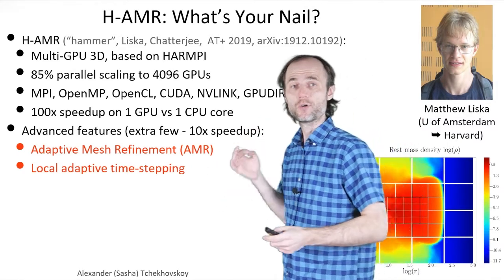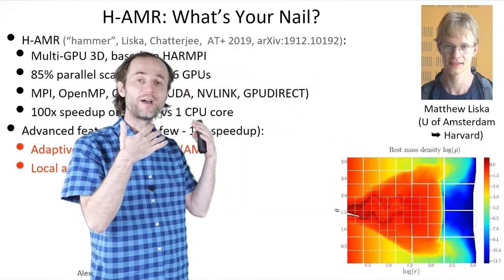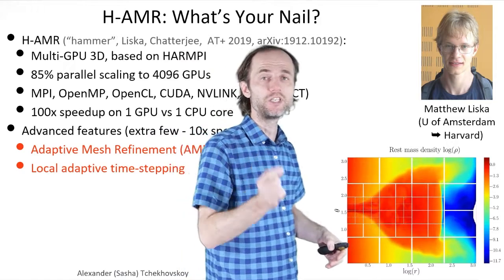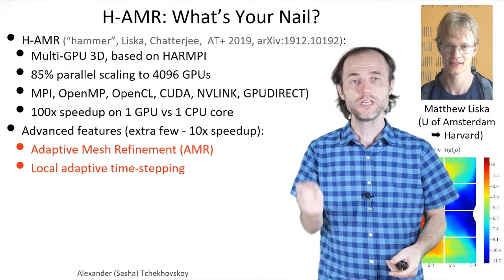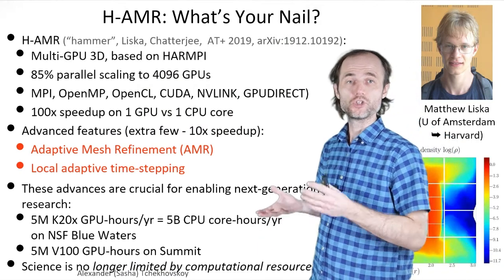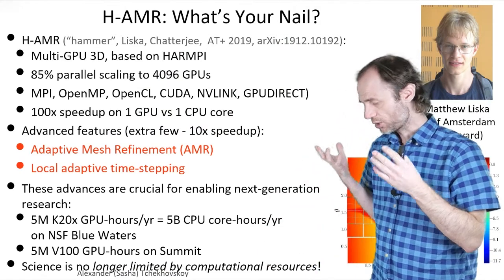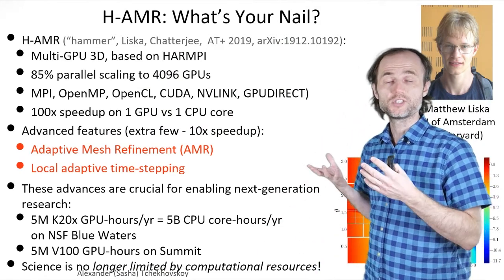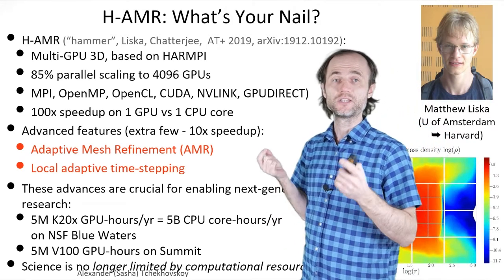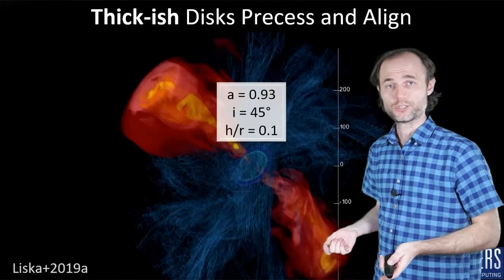This code is now capable not only of adaptive mesh refinement in space, but also in time, which gives us a really large speedup. A combination of all these features allows us to operate on the equivalent of a billion CPU hours a year, which is precisely what enables the type of research that you're about to see.